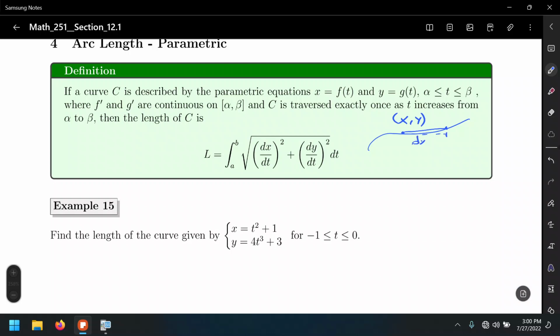That's basically the change in x with respect to t, and this vertical change is dy dt. Pythagorean theorem, square, take the square root and add infinitely many of those lengths. That's the integral, right? I think it's easier to describe it in parametric form this time.